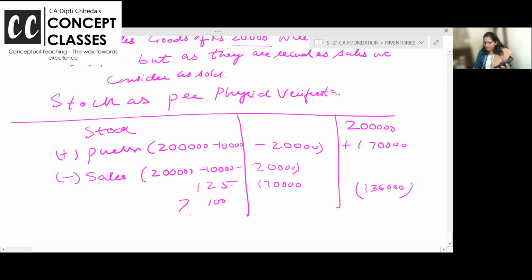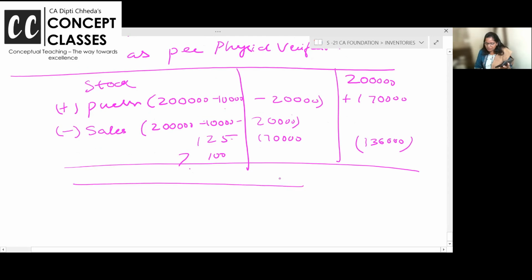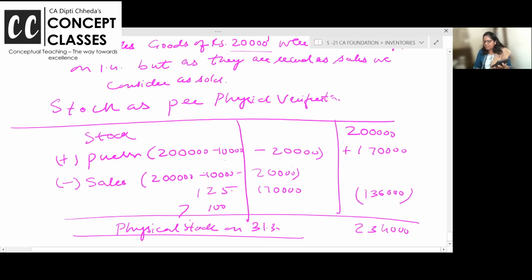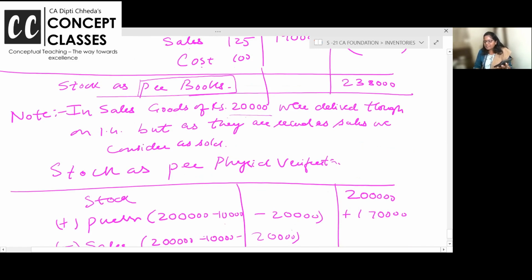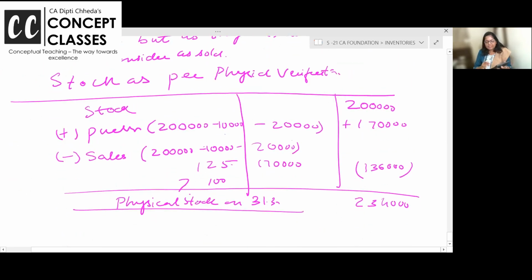1,36,000. Now if you ask me what is the physical stock, not book stock, physical stock on 31st of March, it is this: 2 lakh plus 170 minus 136. 2,34,000 is physical stock, whereas book stock is 238.